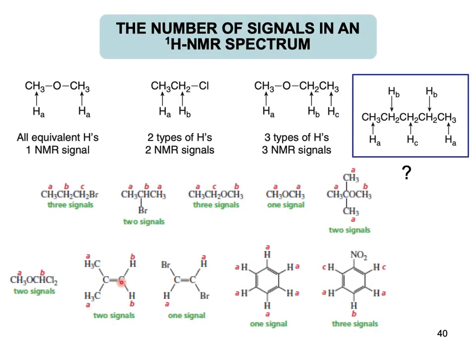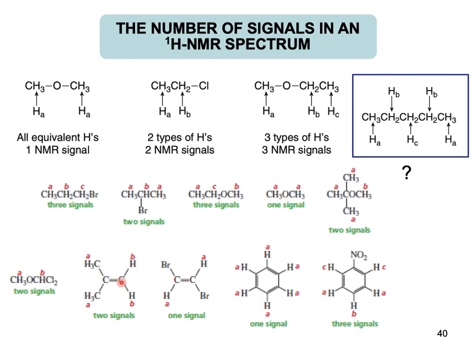Now we will do some practice. How many protons are there in an H1 NMR spectrum? Why H1 NMR? Because hydrogen contains only one proton inside the nucleus, right? And through this technique we are only observing, or interested in, this nucleus of an atom.